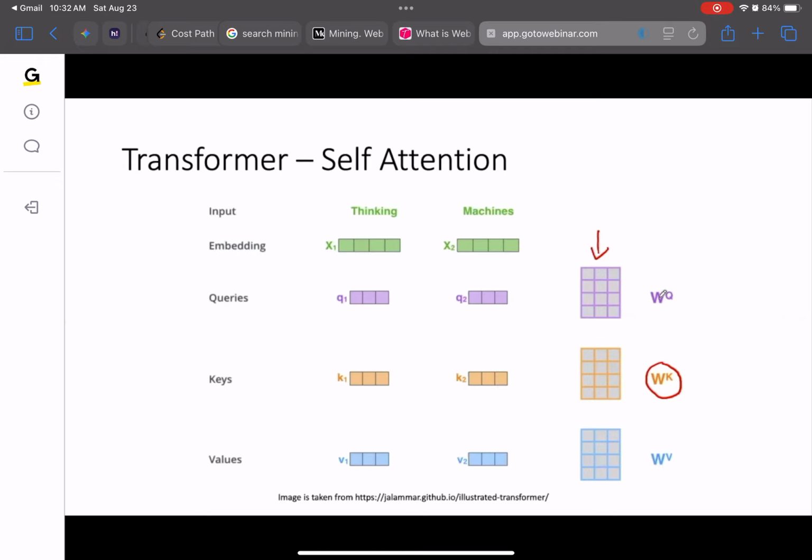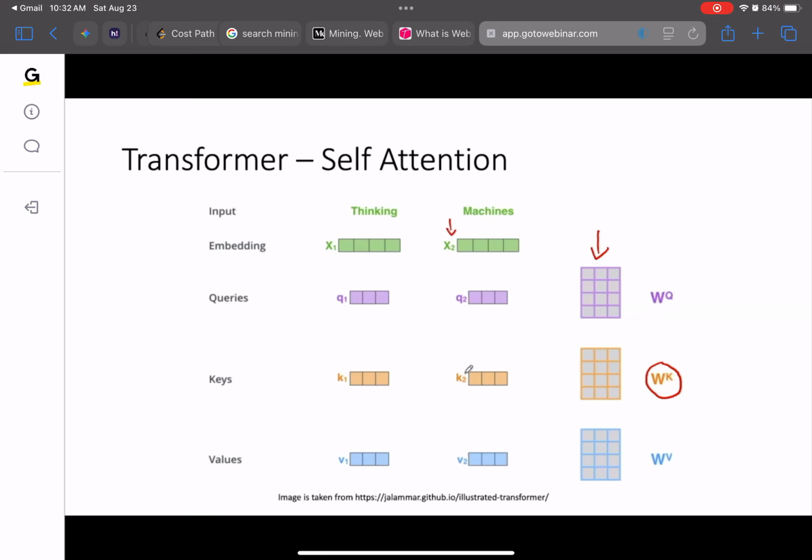There is only one single query, key, and value matrix for one block of self-attention. So irrespective of what x1, x2, or our inputs are, these matrices are fixed for this self-attention block.